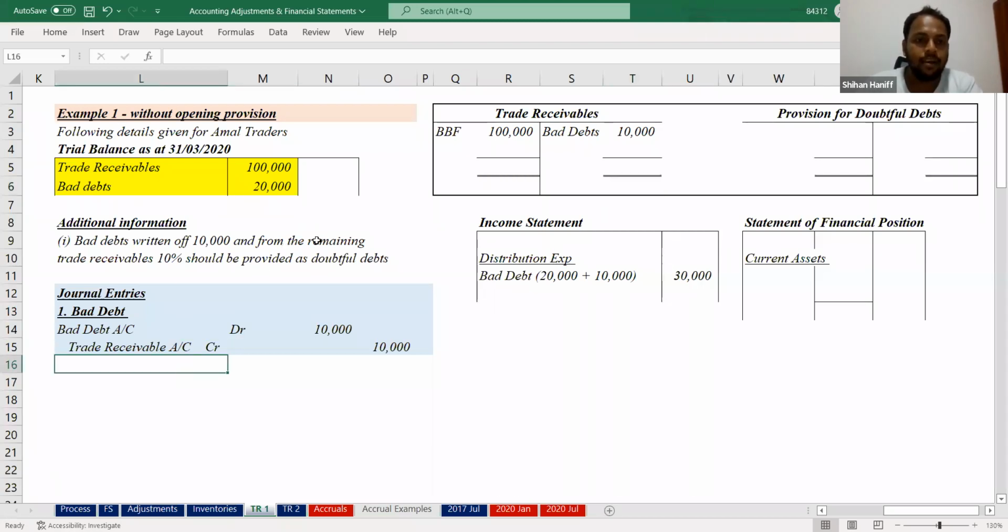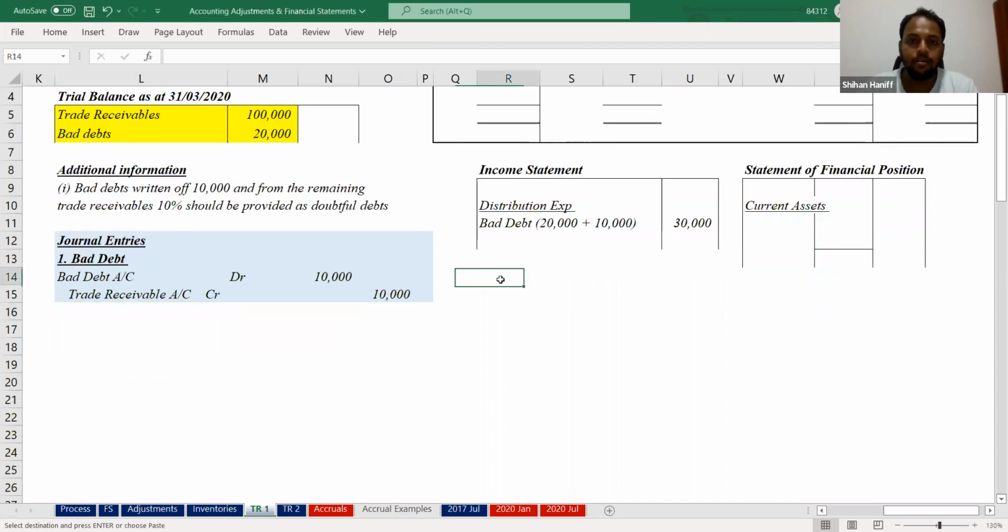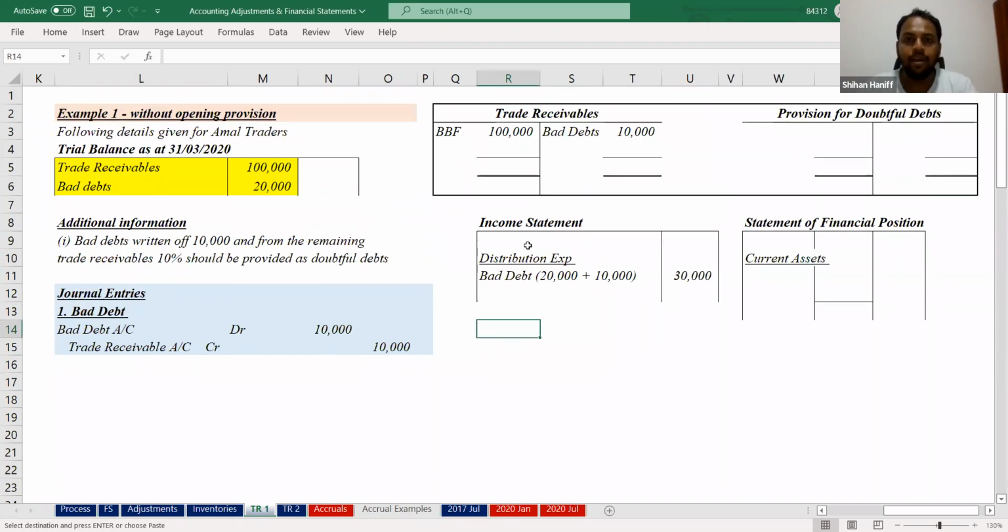Now, what is the net debtor? Remaining trade receivable. From the remaining trade receivables, we need to make 10% provision. Now, let's calculate provision for doubtful debts. What is the remaining debtor balance? Balance carried down, balance brought forward.